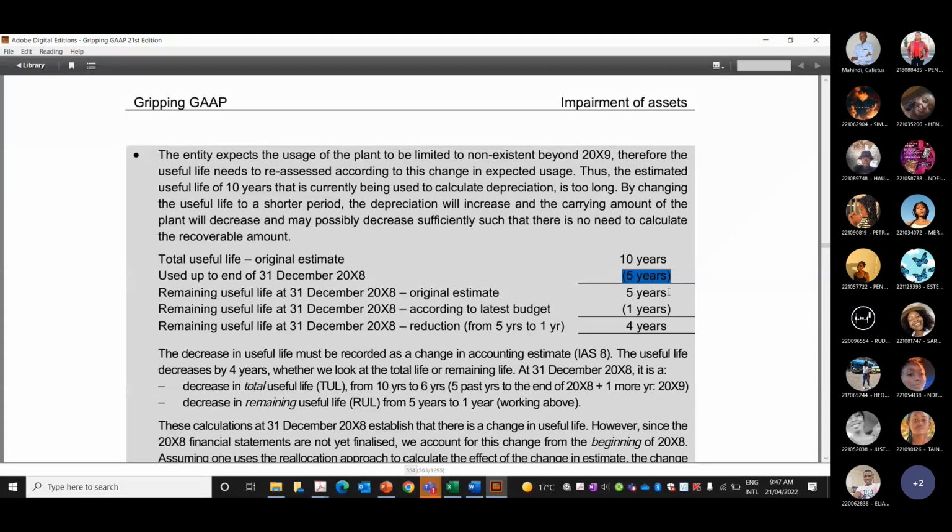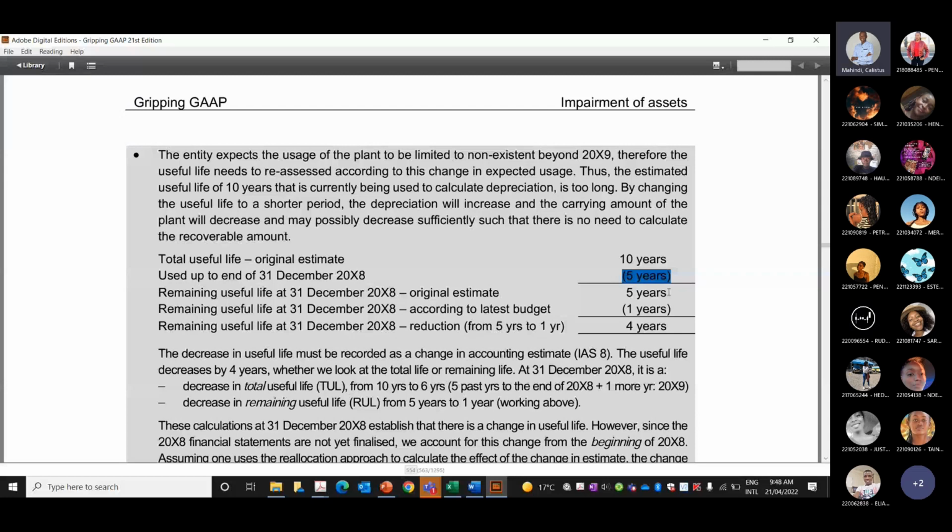However, that is based on the original estimate. We know that the information tells us that after 20X9, there will be limited use of that asset after 31 December 20X9. So from 20X8 to 20X9, there's only 1 year's use that's remaining.